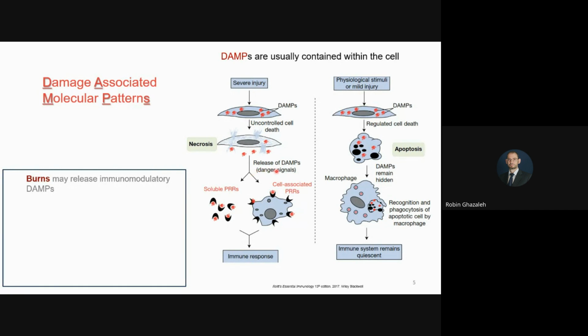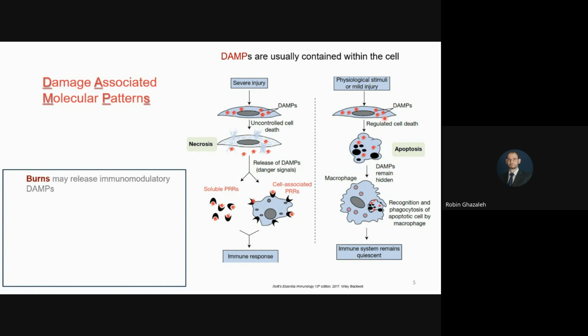And these are called damage or danger signals. So D can stand for damage, D can stand for danger. Something's gone wrong in tissue if a whole load of intracellular molecules are suddenly being released. And the result of that is the initiation of an innate immune response.